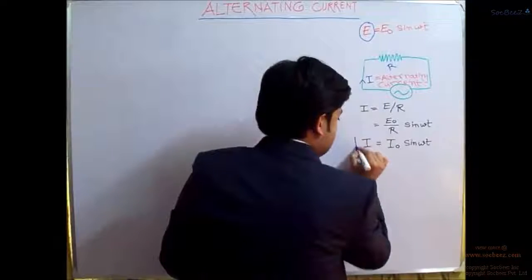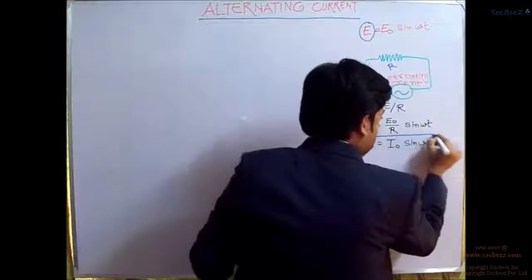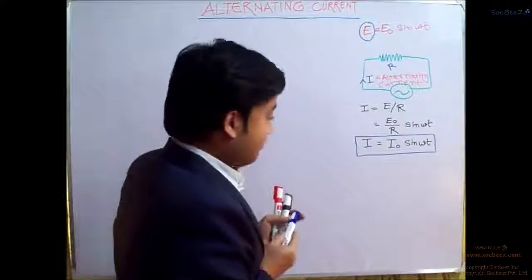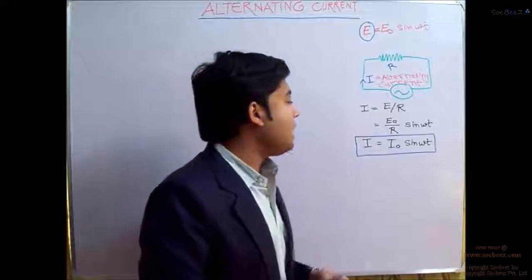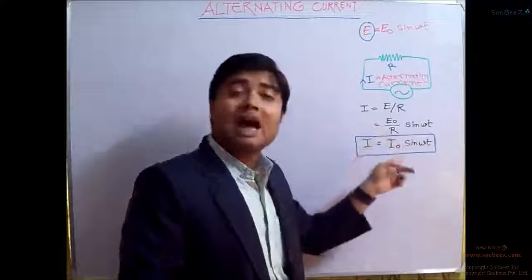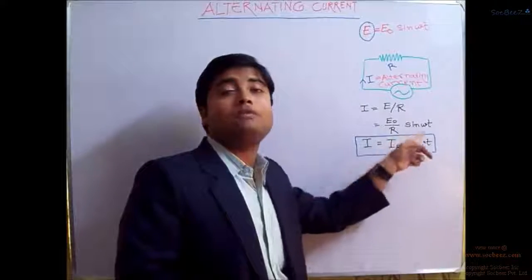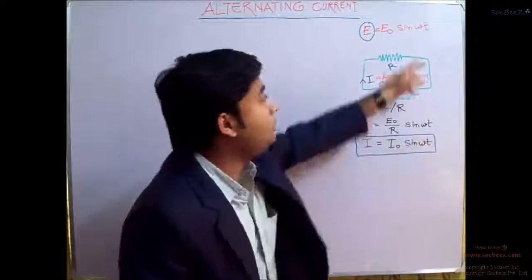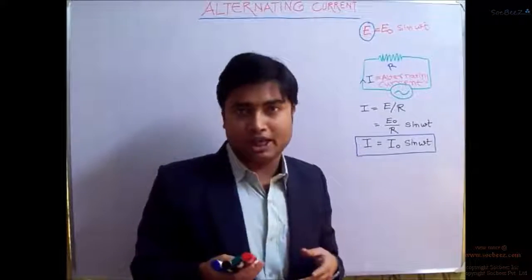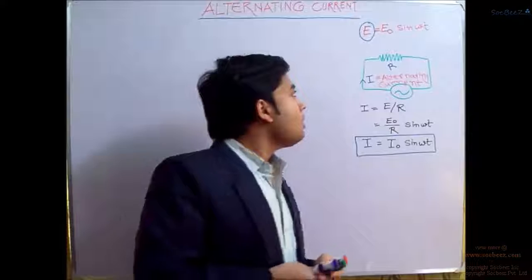Likewise, the alternating current at a given point of time will be the peak value of the alternating current multiplied by the sine of the phase change, because omega t, as we have known earlier, is the phase change, right?